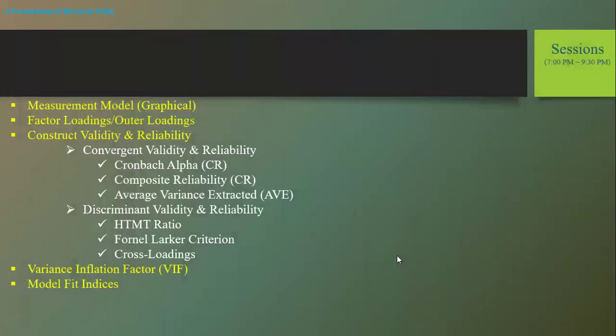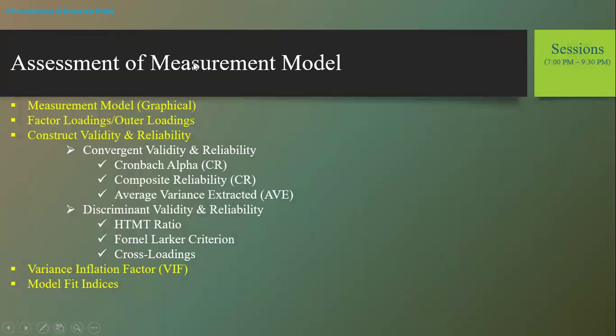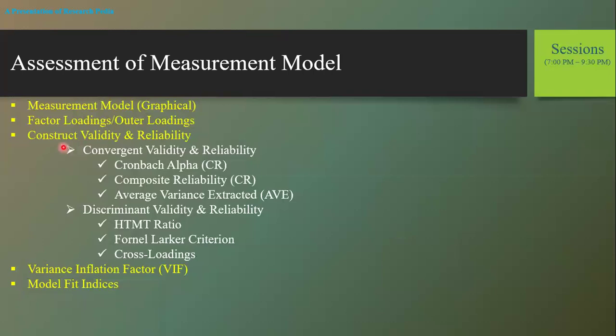in our output analysis. When we are going to consider the assessment of the measurement model, we need to consider the measurement model graphical, then we need to consider the factor loading or outer loading, and then we need to see the construct validity and reliability. When we are dealing with construct validity and reliability, we basically analyze it using convergent validity and reliability and discriminant validity and reliability.